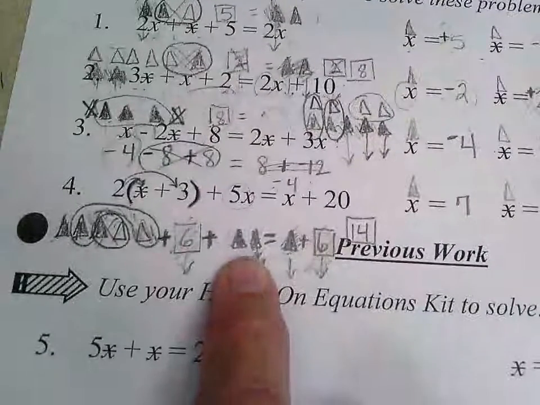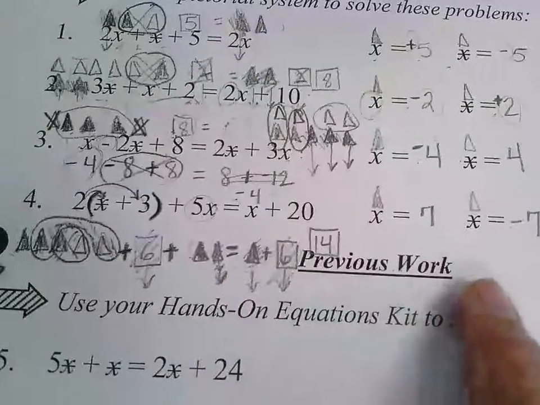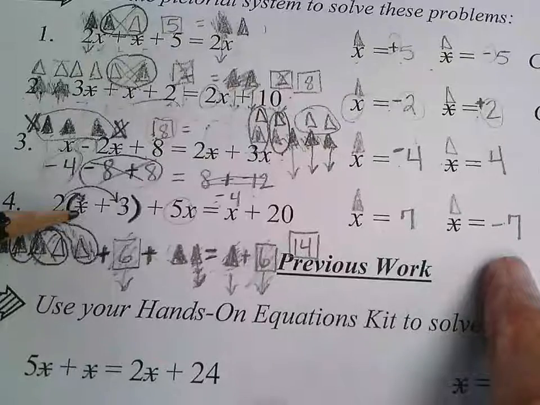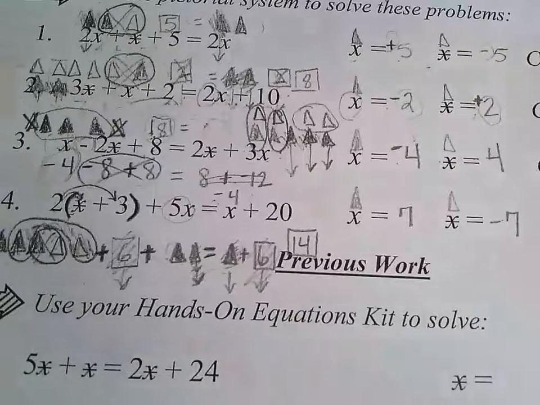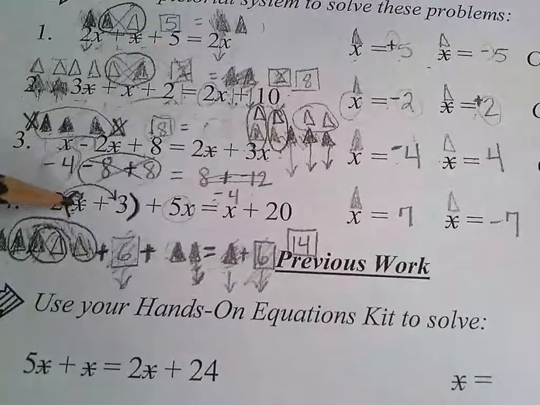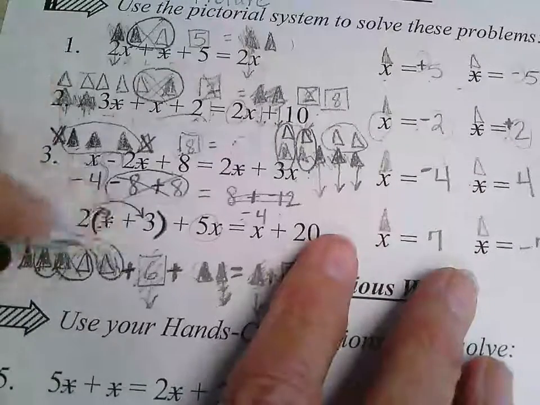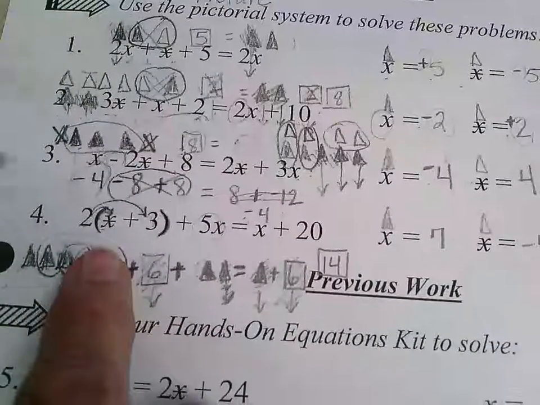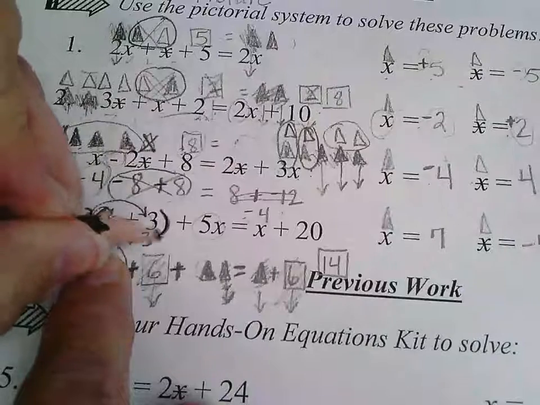Now let's go ahead and see if that works out. If I have -7 for my star, and I put -7 back inside of my parentheses, I'm going to erase some of my drawing right here so I have some room. -7 plus 3.